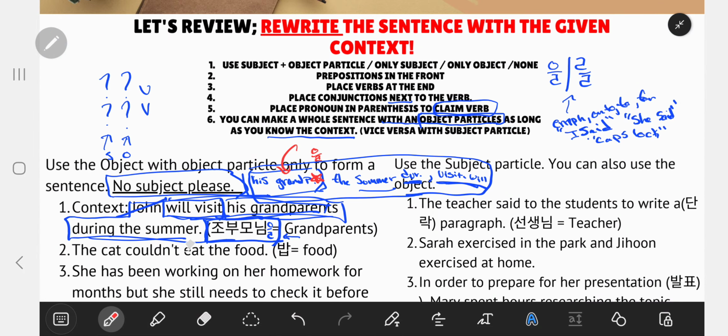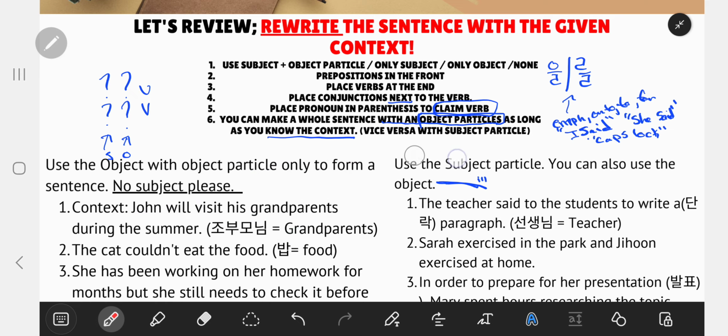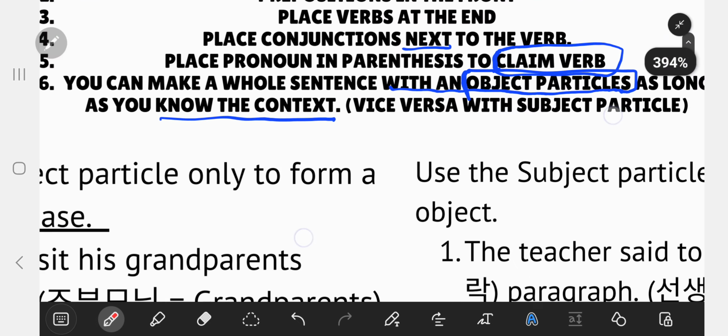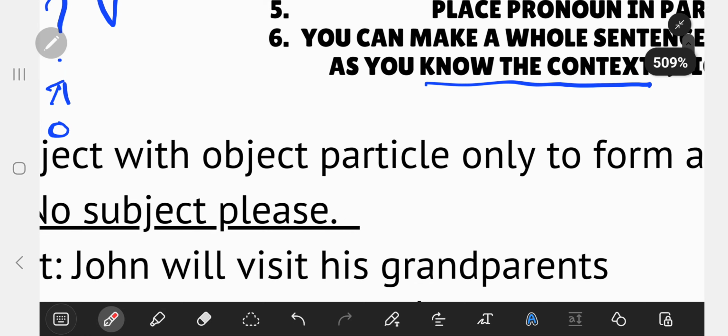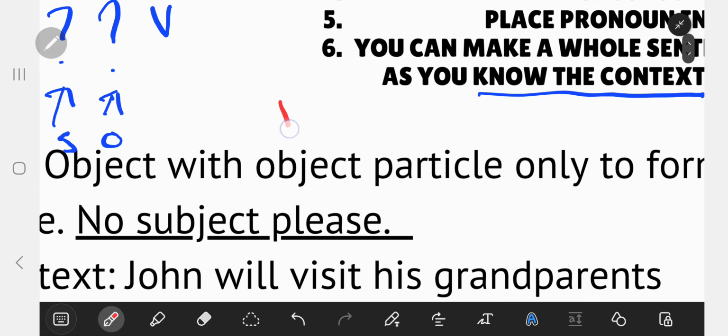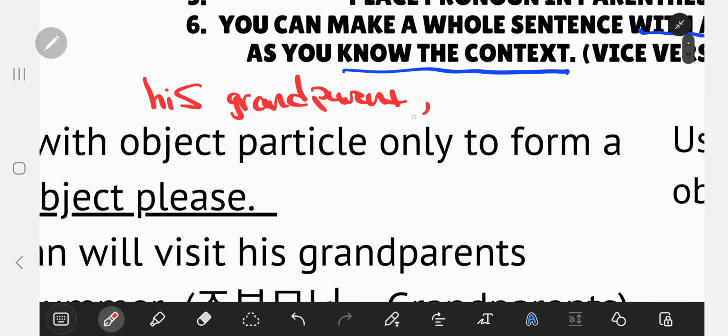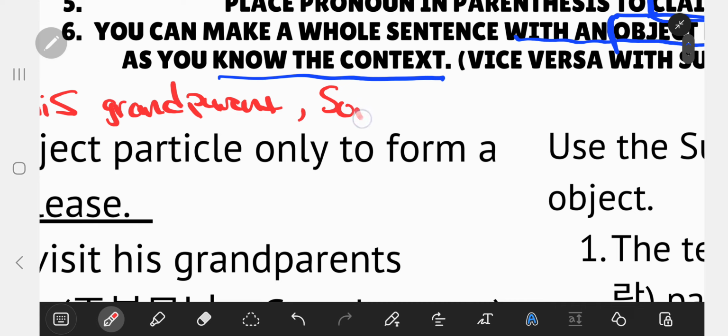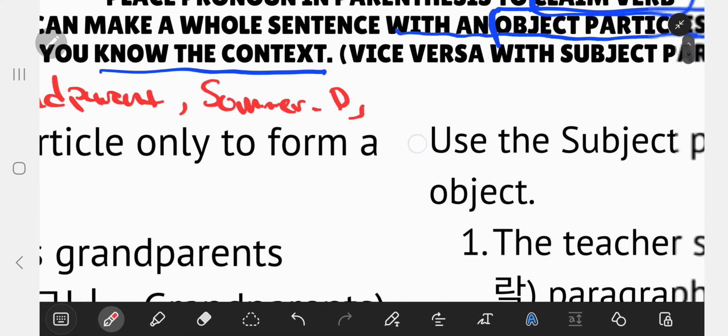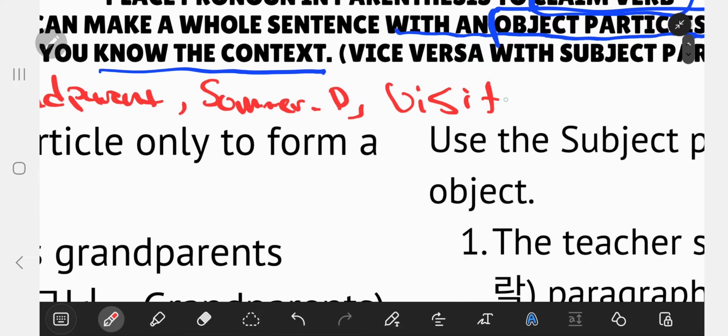Now, if I did not know the context, so let's go over not knowing the context. So if I didn't know, his grandparents, and then summer during, and visit will.